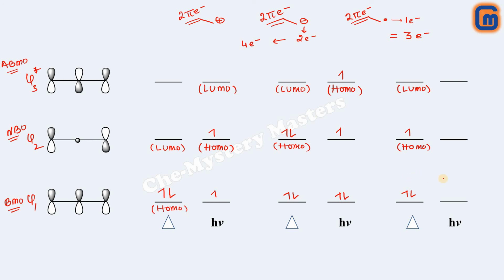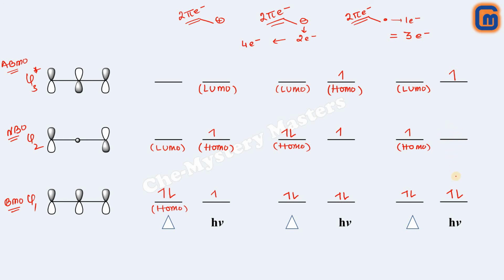In this case, as you can see in thermal condition, two of the electrons are present in the psi1 orbital, while one electron is present in the psi2 orbital. When we provide energy in the form of light to the allyl radical system, the electron present at this HOMO gets excited to the psi3 star level, leaving a vacant molecular orbital at psi2.